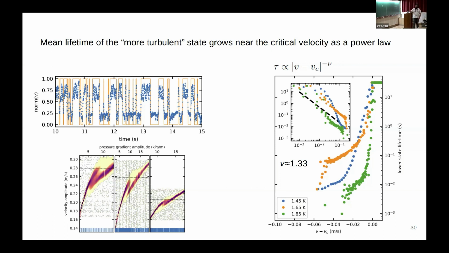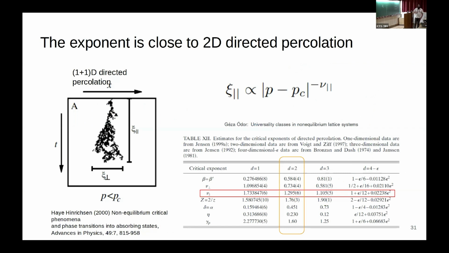And what we see is that there is some rapid increase in the lifetime as we approach the critical velocity, where the upper one becomes completely unstable, and that the scaling of the mean lifetime is quite well captured by a power law which diverges with the critical exponent 1.33, or 1.3 to 1.35. But 1.33 seems to be the best.